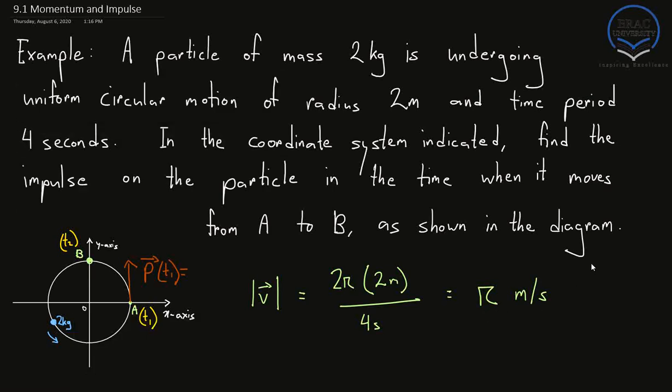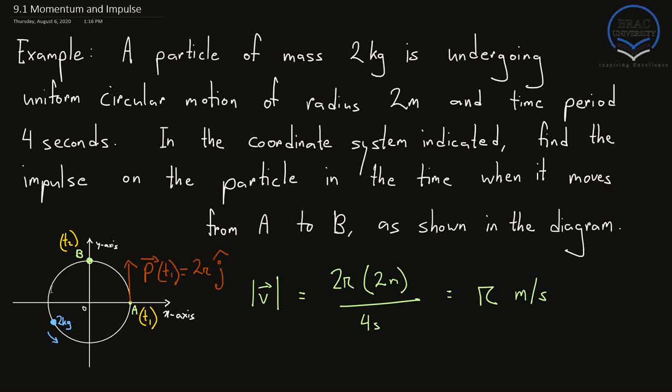So p(t1) has a magnitude of 2 pi. How would we talk about the direction? The momentum points along the positive y-axis at time t1, so we just insert the unit vector j hat.